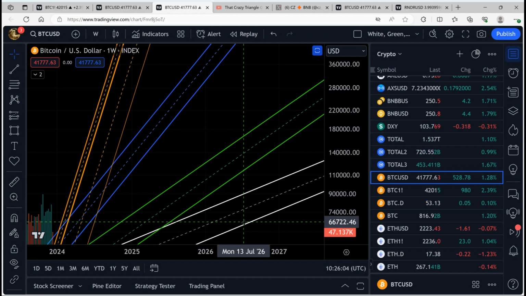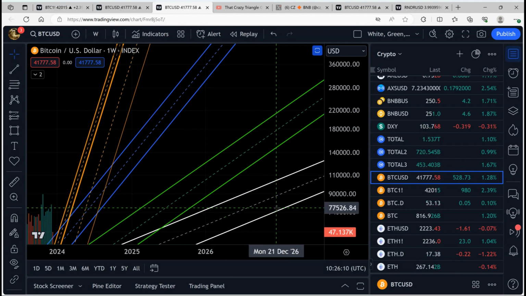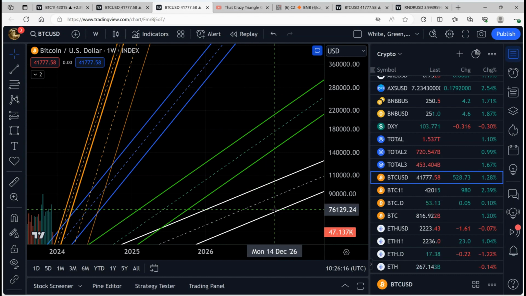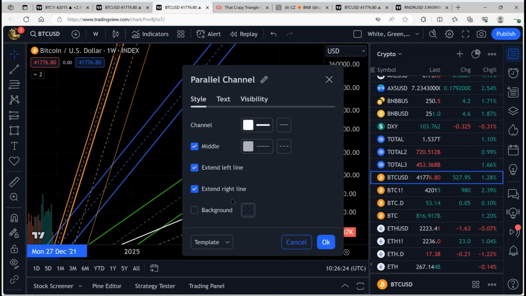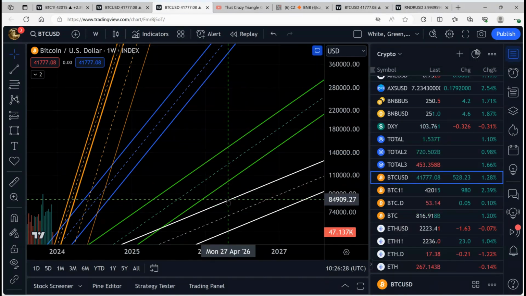But I think that's a worst case scenario, that we come down to the bottom of this white channel somewhere between August and December of 26. 75,000, 65,000. That is a worst case scenario. I think most probably we don't come down any further than the top of the white channel.